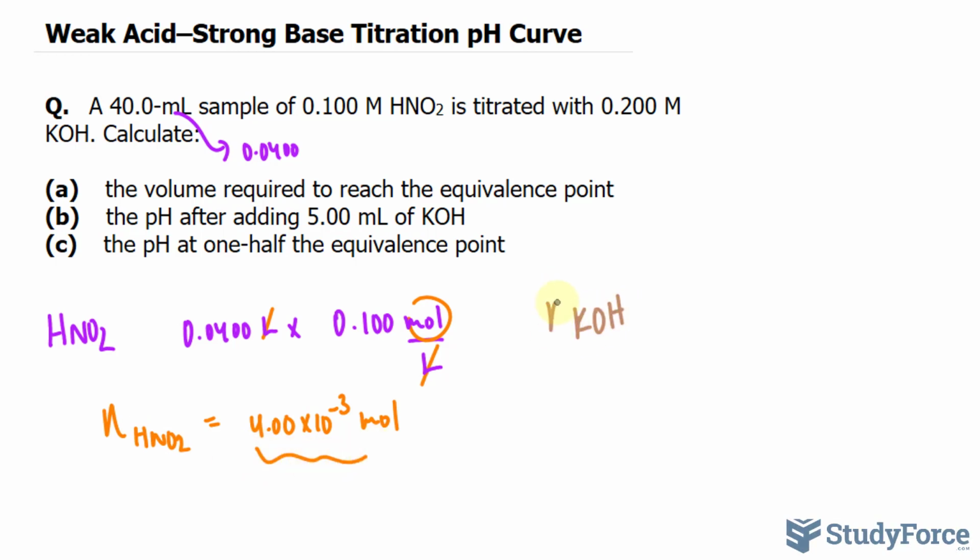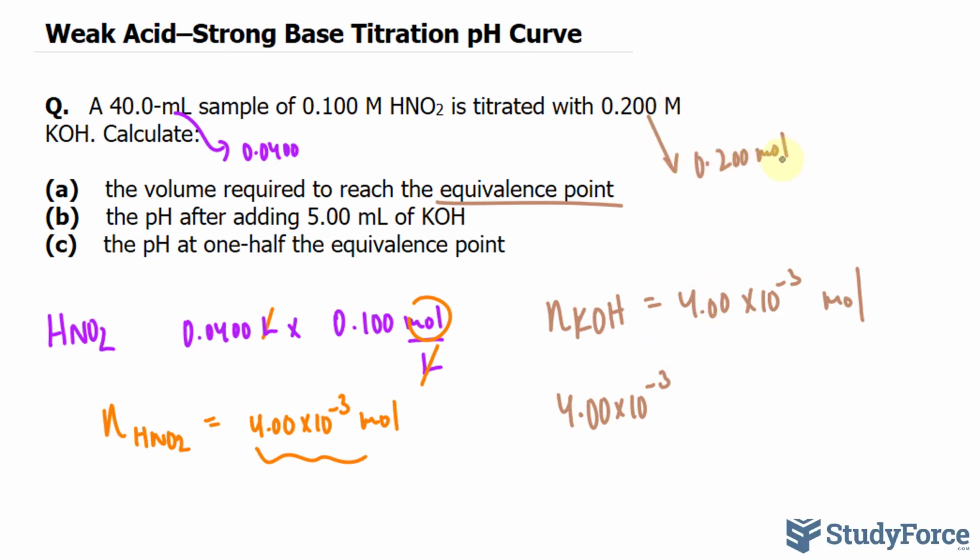Now, given what was said earlier, this amount of moles has to be the same amount of KOH. So the amount of moles of KOH must be equal to 4.00 times 10 to the power of -3 for the equivalence point. So in order for us to have a volume consisting of 4.00 times 10 to the power of -3 moles, we need to take this amount and multiply it by, remember this is the same thing as 0.200 moles per liter.